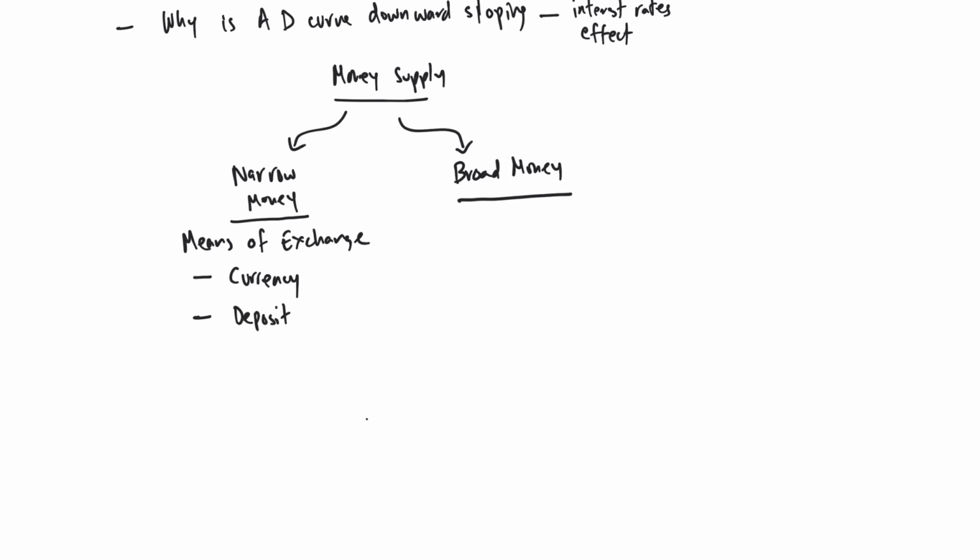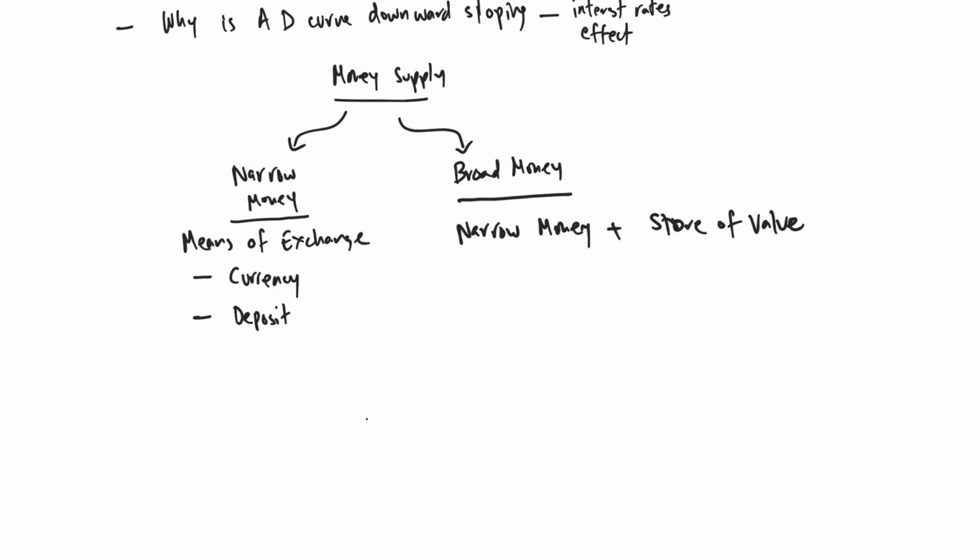Or your broad money, we say that it's all the narrow money, but sometimes also things which are used as a store of value. So you are gaining some wealth from them as well.